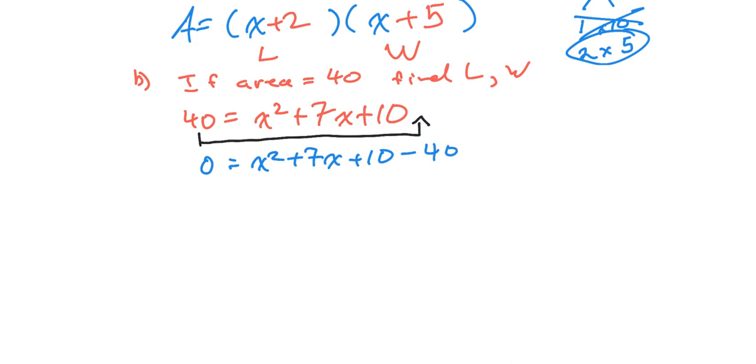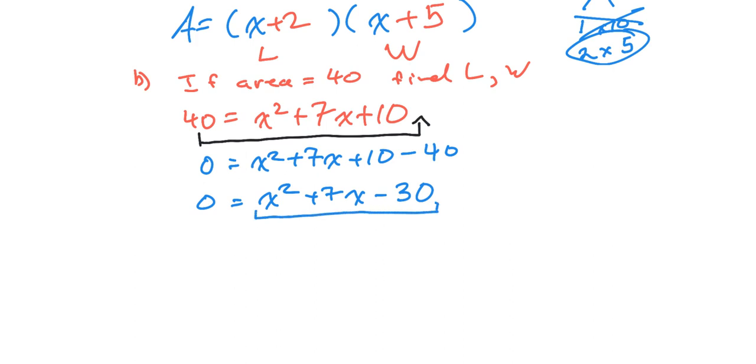So now we end up with this final quadratic, x squared plus 7x minus 30.